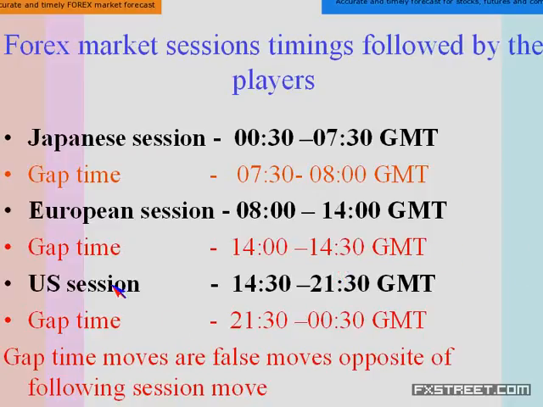It's not difficult. Then the US session is from 14:30 to 21:30 GMT. After the US session closes, the interbank treasury sets the closing price by taking into consideration the last 30 minutes of trade, and that becomes the closing price used to calculate the interest and other aspects.